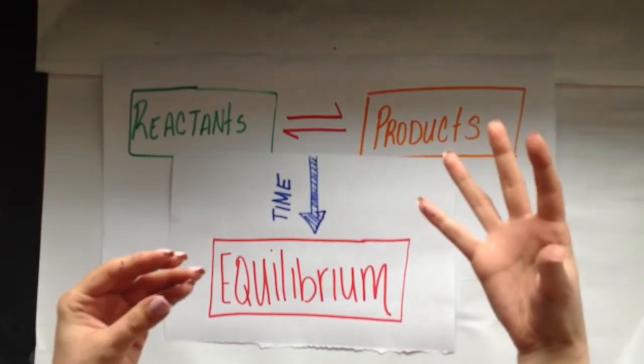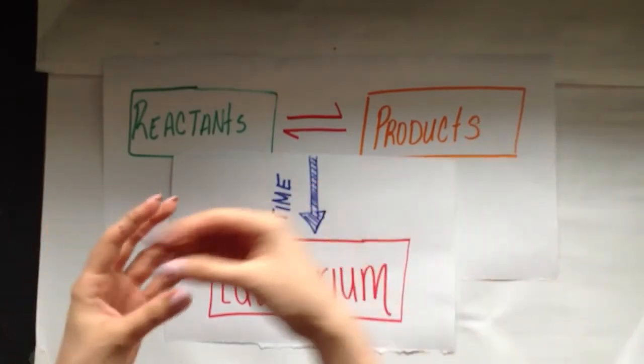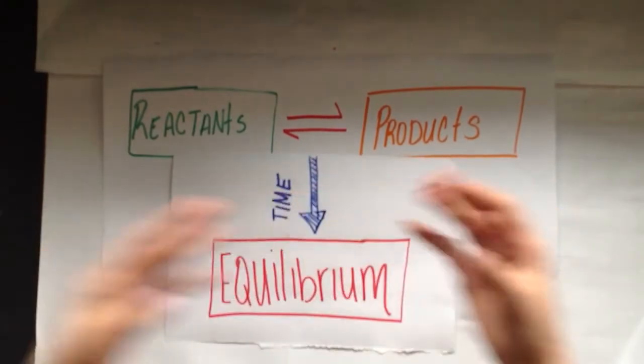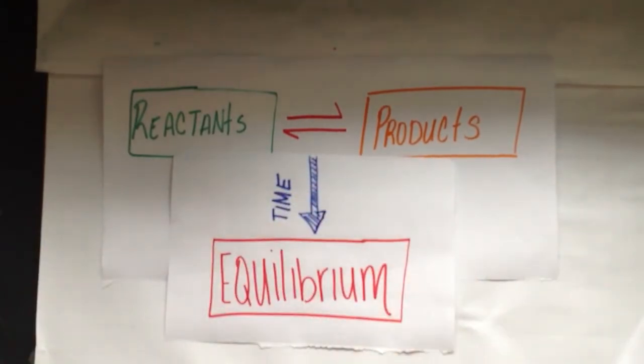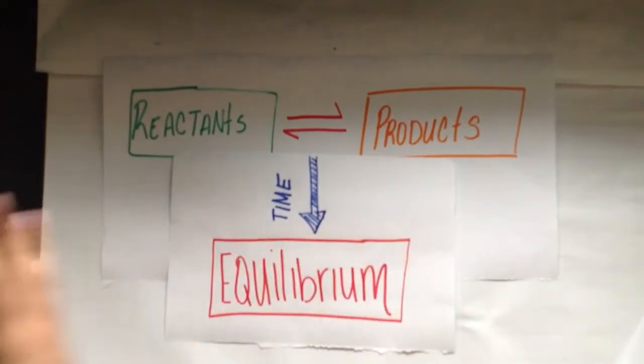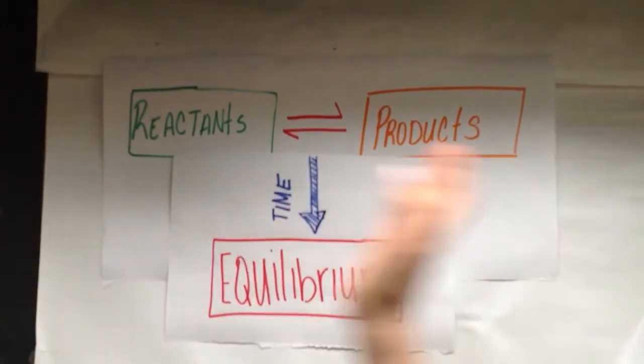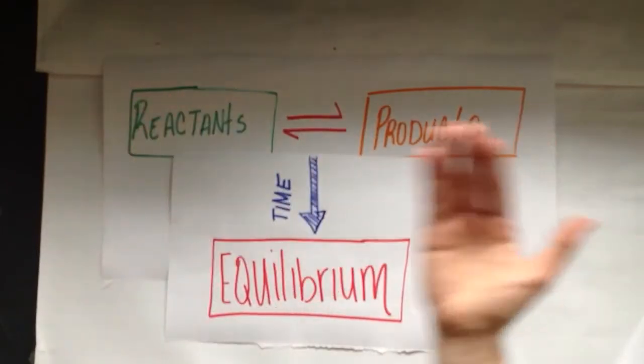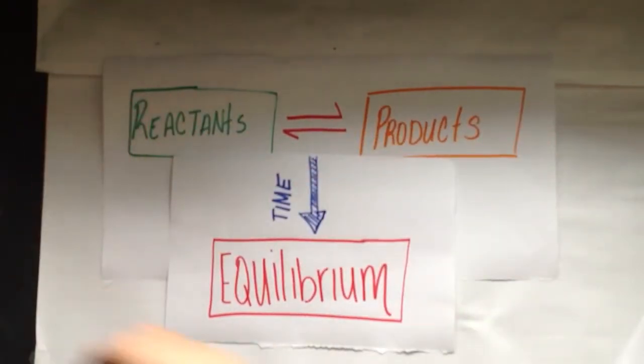Well, then the products, there's so many of them, they can go back and make the reactants. And eventually what happens over time is the exchange starts to even out. And when this exchange is happening at the same rate, not necessarily the same amounts of stuff, remember the people in the room, 3 people always stay, 5 people always stay, you're at equilibrium.